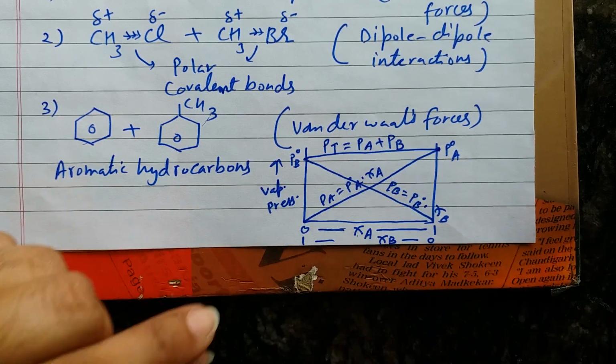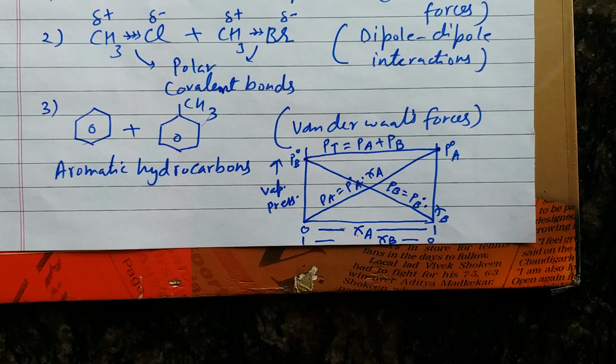This graph we have already talked about when we discussed the vapor pressures of liquid solutions. So in ideal behavior, Raoult's law is perfectly obeyed. PA is equal to P naught A into chi A, PB is equal to P naught B into chi B, and PT is equal to PA plus PB. So this type of curve is observed for an ideal solution.